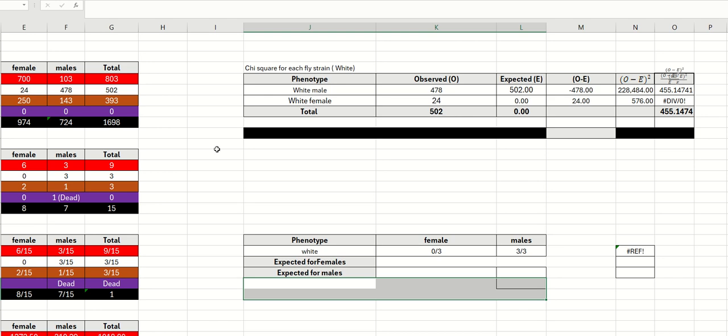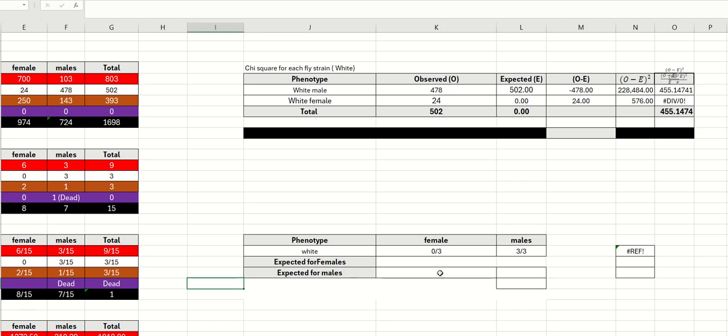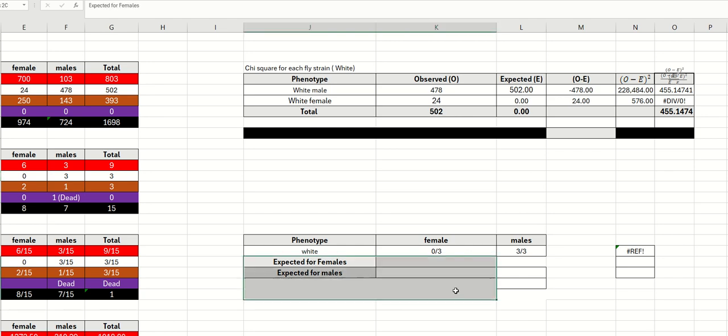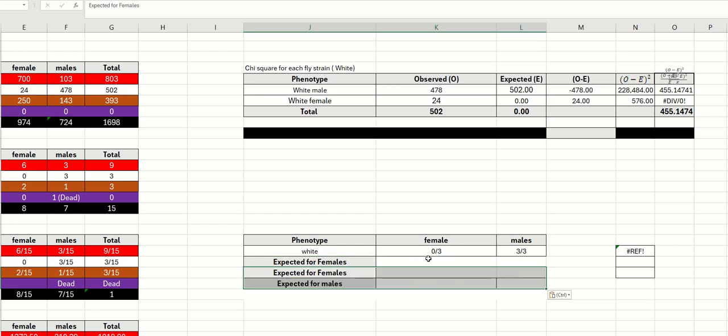Here, expected females. Let me remove all these colors. So what is happening here is that you have these new proportions, and now you need to calculate expected values. Let's be a little bit annoying and calculate the ratios, the fractions.